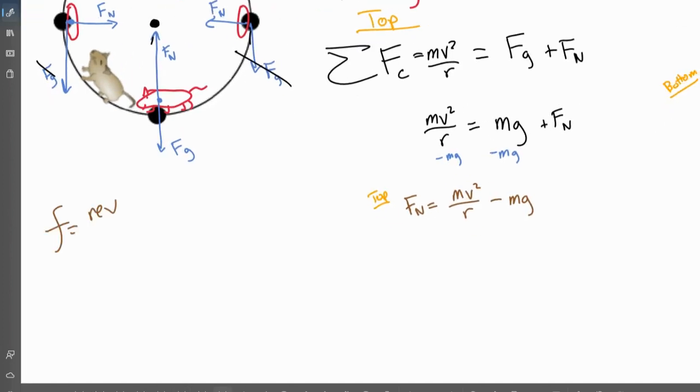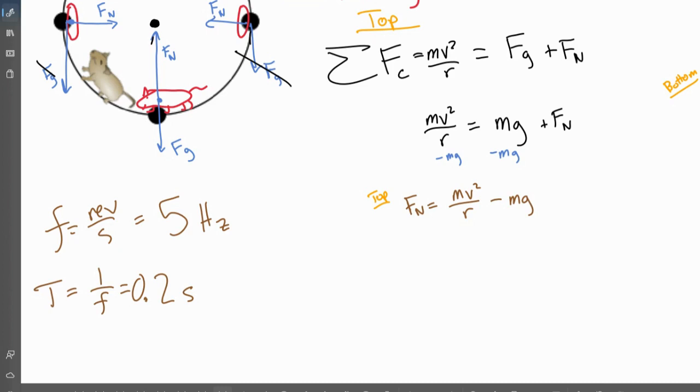Frequency is in units of hertz, which is just 1 over seconds. But what helps us is that period is 1 over frequency, which means this is 0.2, and period is in seconds. So it takes Gerald 0.2 seconds to go around the wheel.